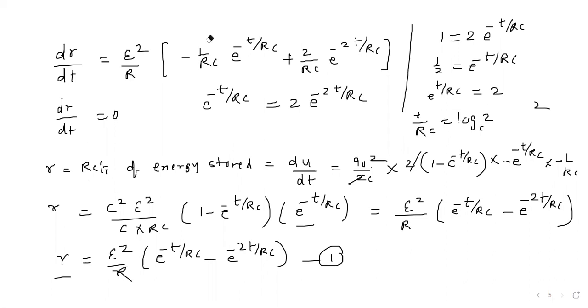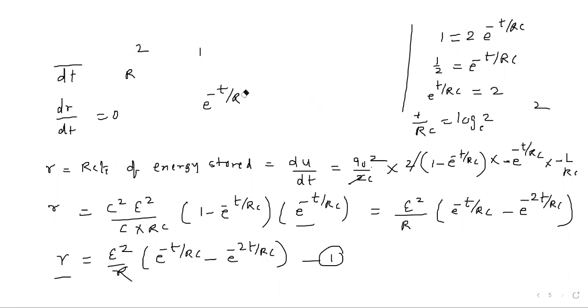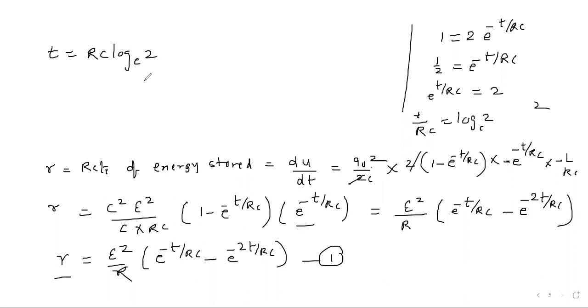Now let's further evaluate it. So we have got the value of t as t equal to RC log 2 base e. Now at this value, we have to find out this R, so the maximum value of R we can say.